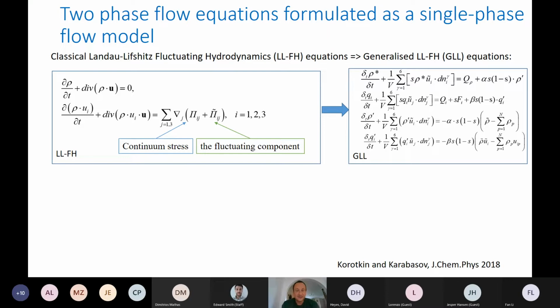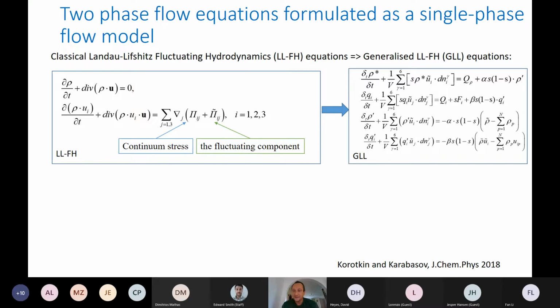So in comparison with the classical fluctuating hydrodynamics Landau-Lifshitz equations, which is on the left-hand side, you can see that we have here mass and momentum equation with some viscous stresses and the fluctuating component.